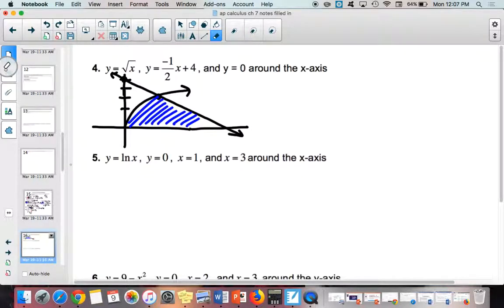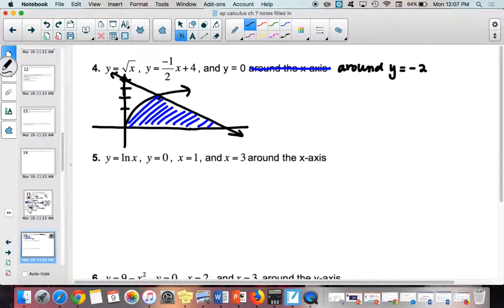I could have sworn I had an outer radius and an inner radius, because I changed it from around the x-axis. Let's make it even harder, around y equals negative 2. I like a little bit of a challenge.